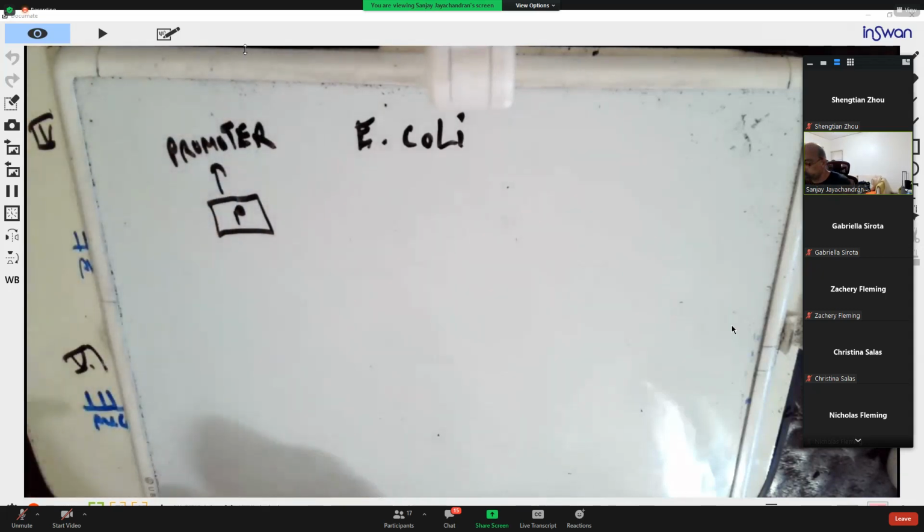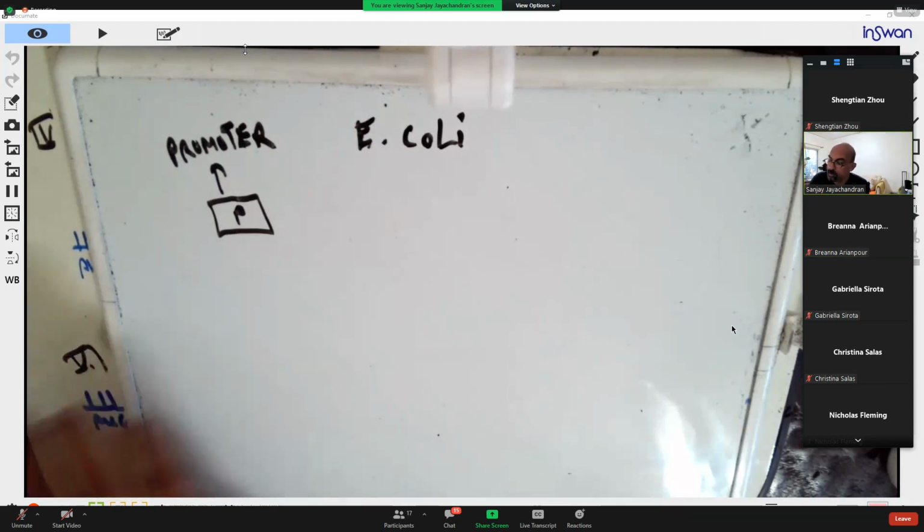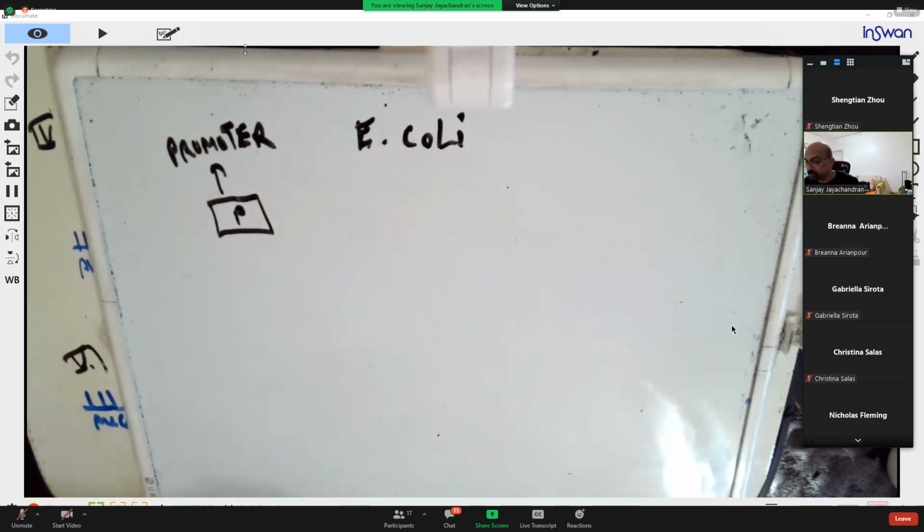What was the function of the promoter? It's a landing pad for the RNA polymerase. Remember, that's the enzyme that makes RNA using DNA as a template. So it's a landing pad for the RNA polymerase. Yes?